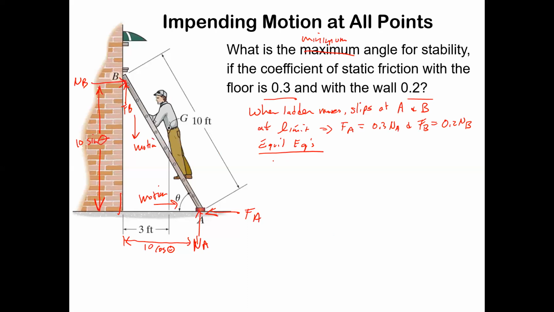Okay, so the sum of the Fx's equals 0, and that means we're going to have NB minus FA. And that's really convenient because if FA is at its limit, then NB can be replaced by 0.3 times NA. That removes one of the unknowns.